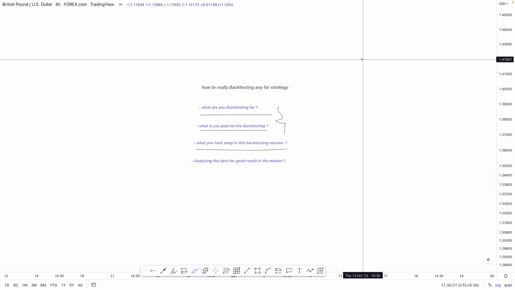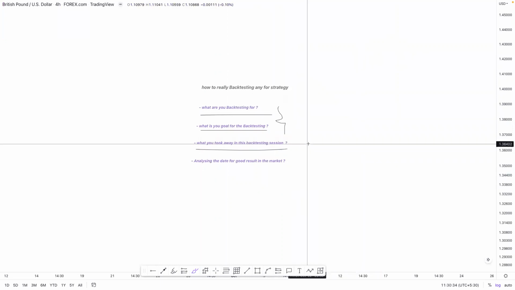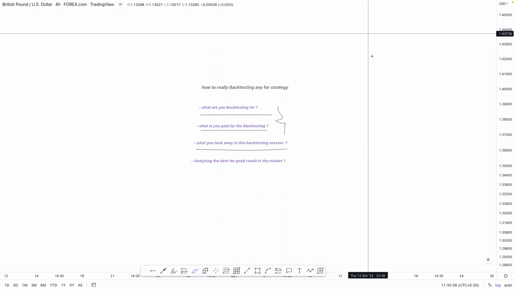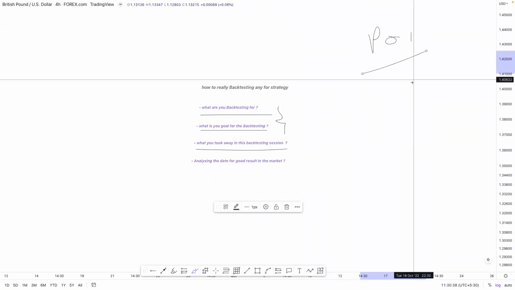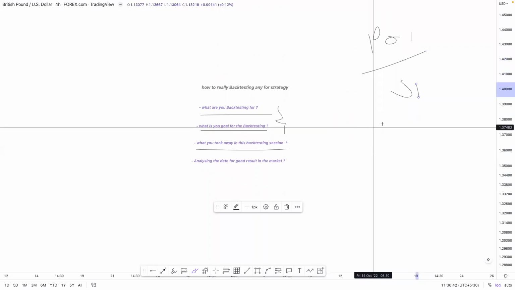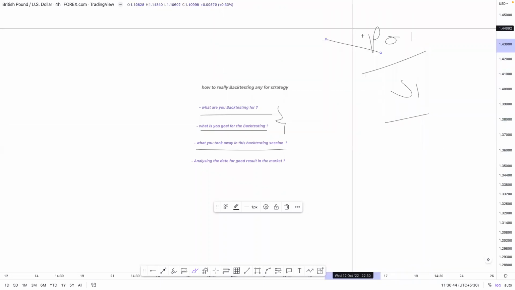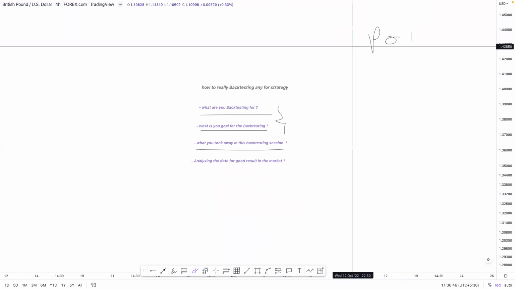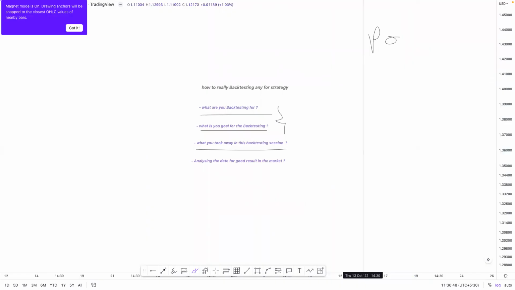We are only looking for the POIs, the sessions, the goals. Say that POI is working very well. Why did it work very well? There are some criteria in it, like there is no liquidity above, all that stuff. You have to keep working on that, so you know that you will be performing that goal. So, what you took from the backtesting session.